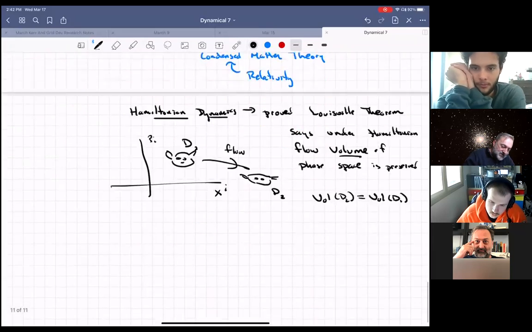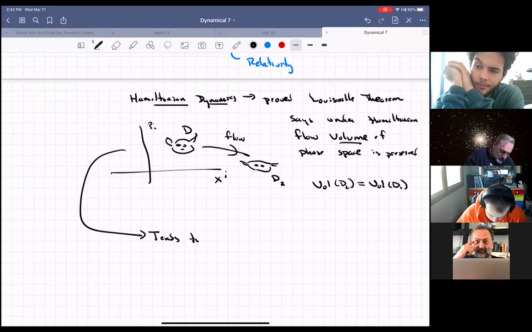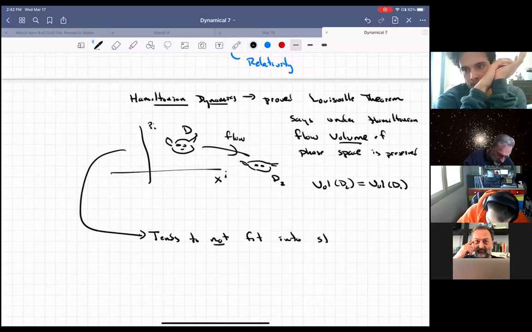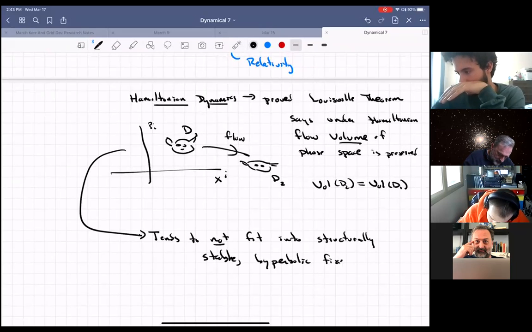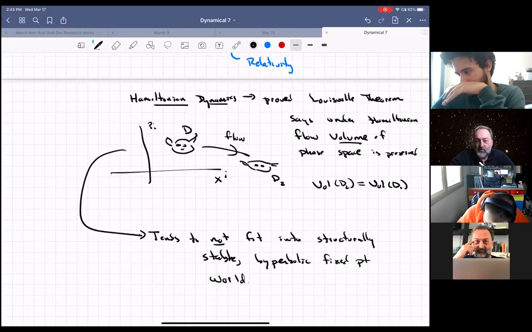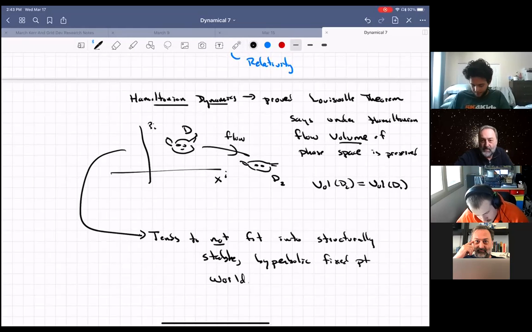It does not tend to fit into this structurally stable hyperbolic fixed point type of world.